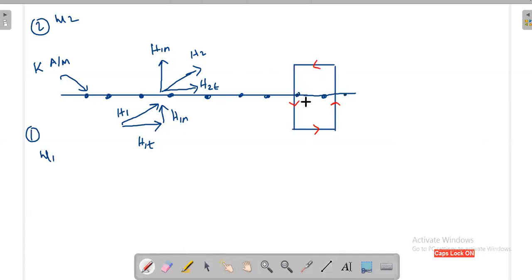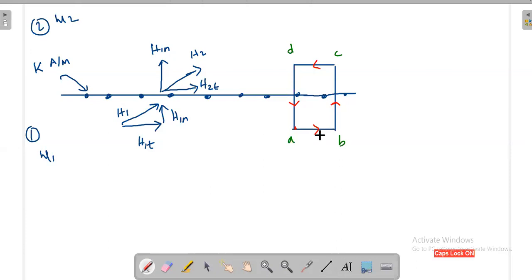Say this is point A, B, C, D. I have chosen some closed line. Once you have a closed line, you can apply Ampere's law.